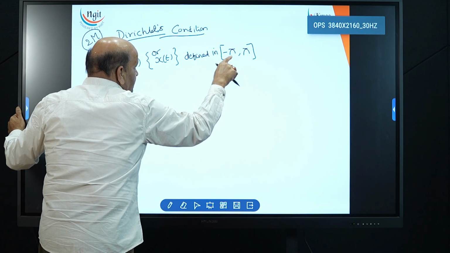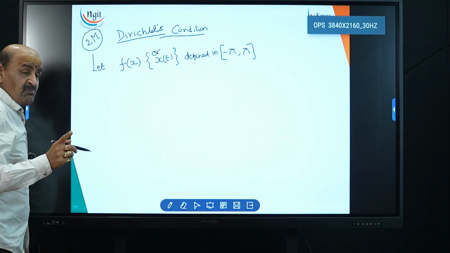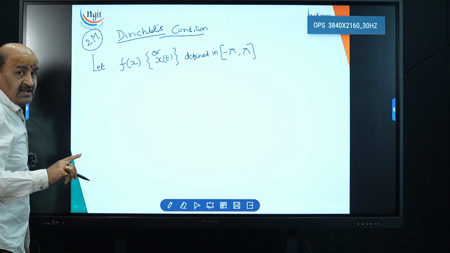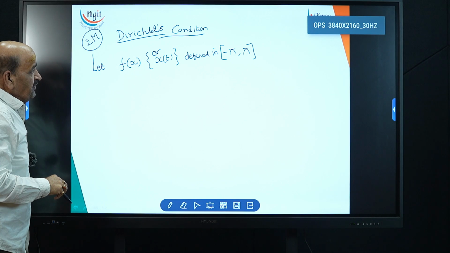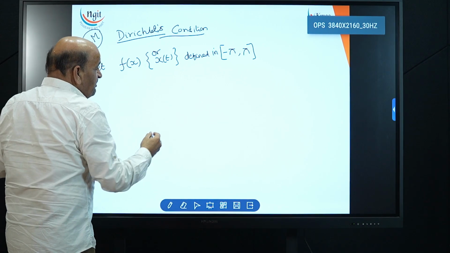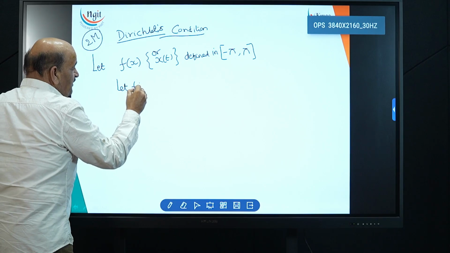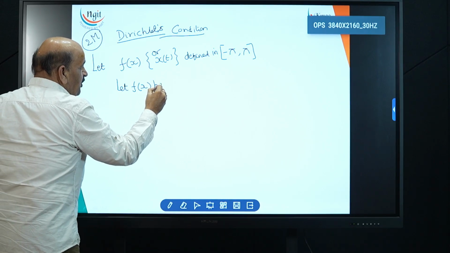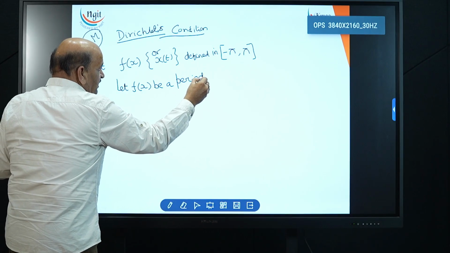Now just look at, the interval is a closed interval. Closed interval in the sense endpoints should also be considered for the interval calculations, period. Now let f of x be defined in minus pi to pi. Let f of x be a periodic function.